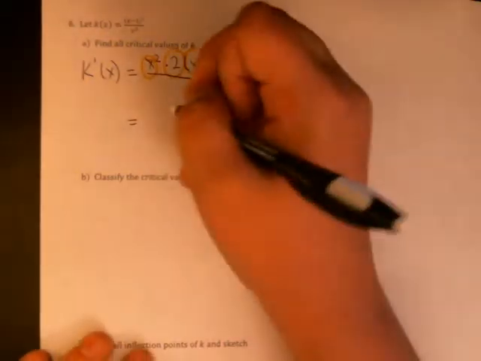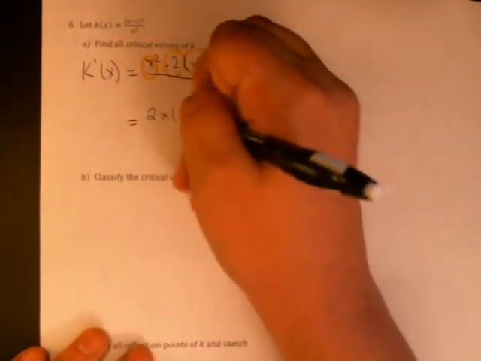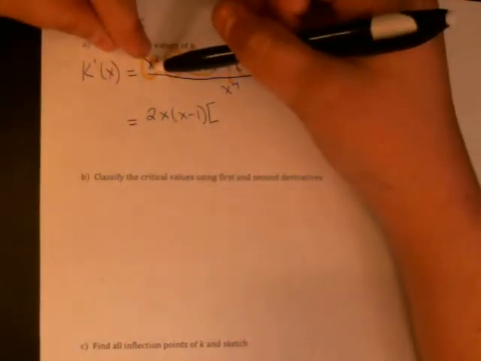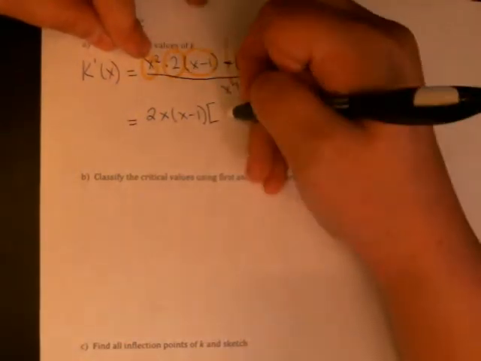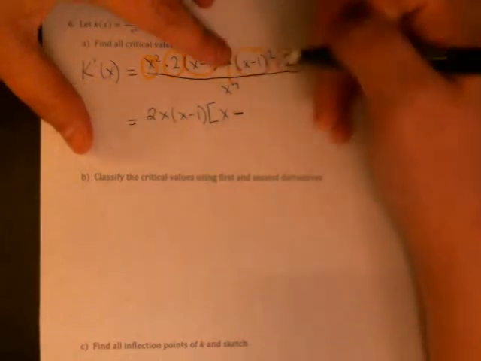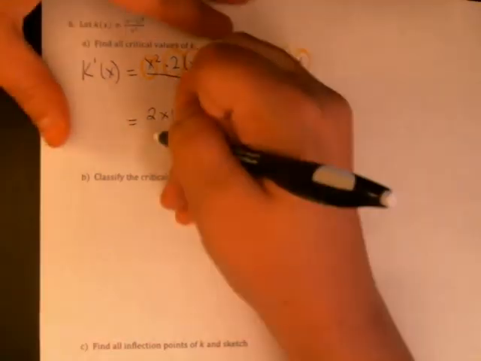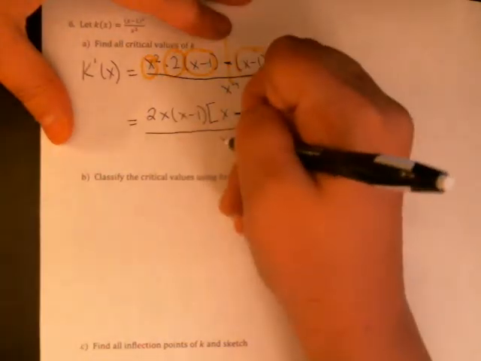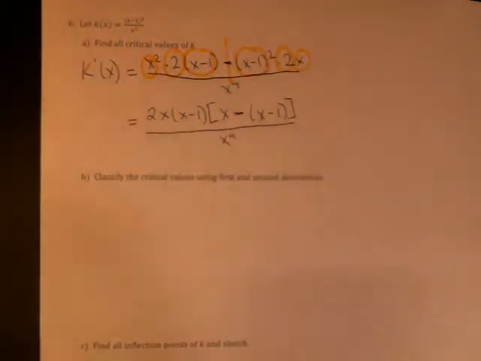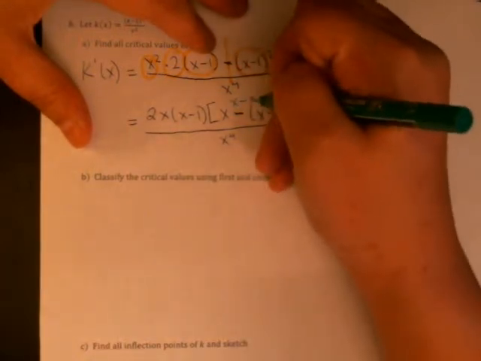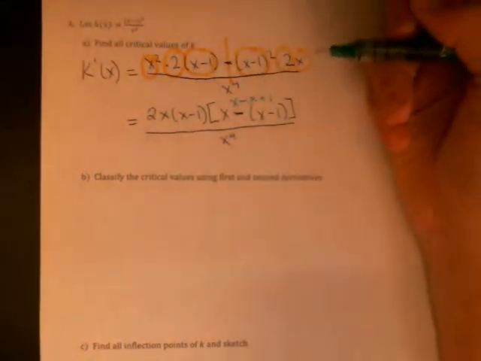So if we factor out the 2, the x, and the x minus 1, what we'll be left with is a single x here, the 2 and the x minus 1 are gone, and then minus an x minus 1 left over here. Okay, so this becomes x minus x plus 1, which is actually just 1.